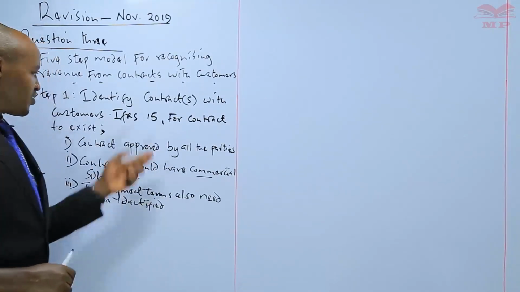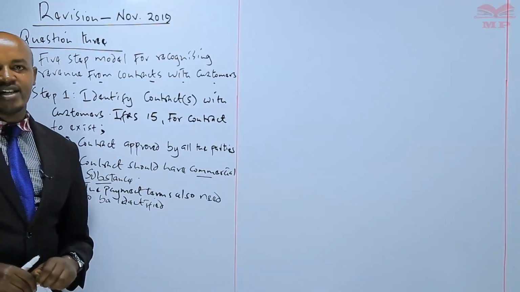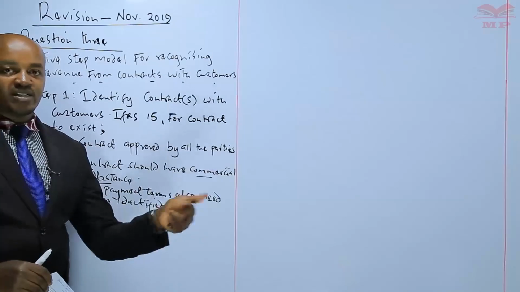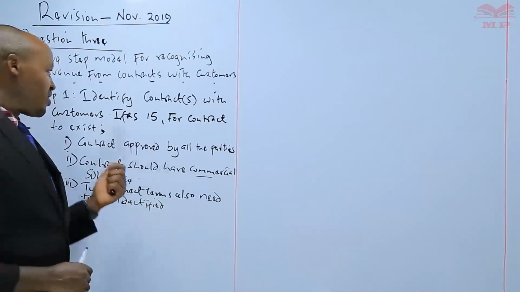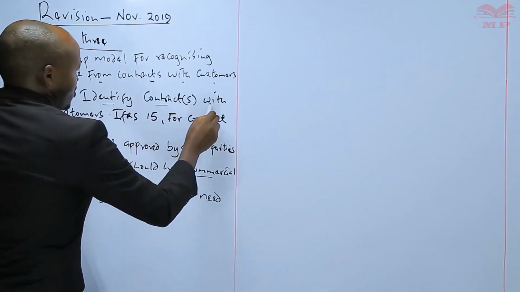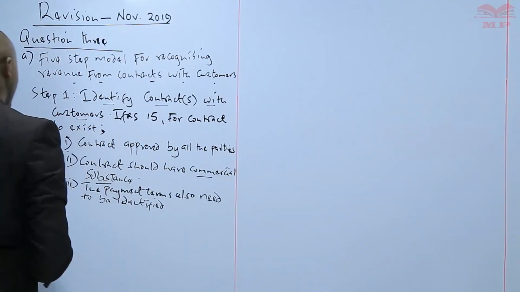So therefore, if all those particular conditions exist, then in such a case we say that a contract exists between the business and a customer. So the first step here is to identify that particular contract, or contracts with customers.